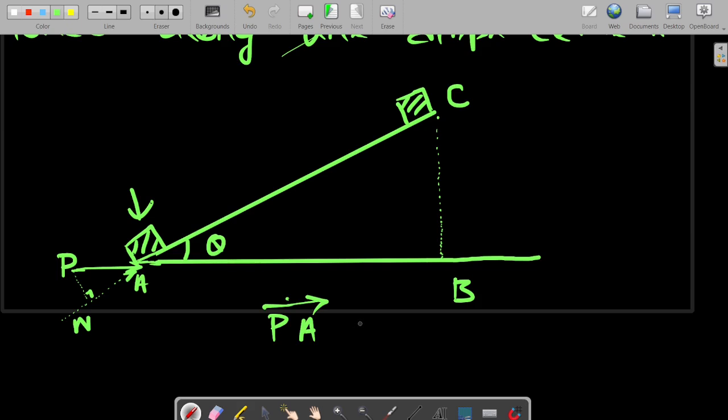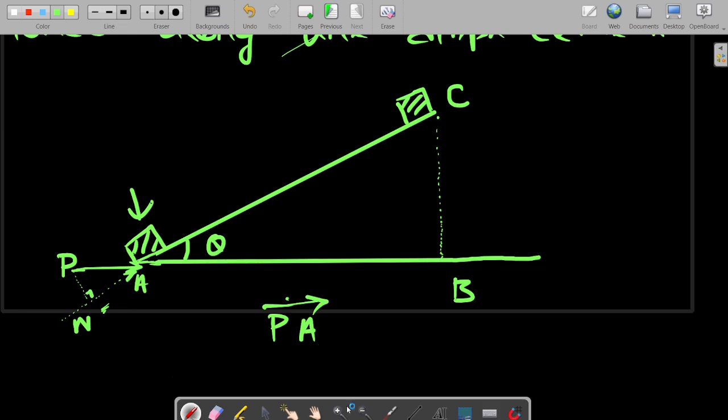So in this case we will derive the expression for work by taking the component of force in the direction of displacement. Here AC is the direction of displacement and PA is the magnitude and direction of force. Then the component of force in the direction of displacement is NA in this case.